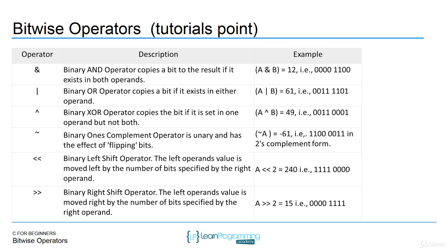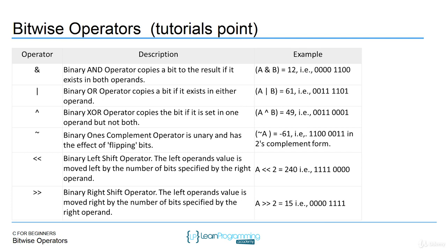Again, I'll go through these examples, but this is trying to provide a little description of these different binary operators. The less than symbols are going to shift bits to the left. So the left operand value is moved left by the number of bits specified by the right operand.